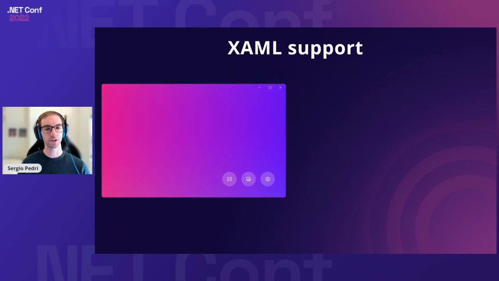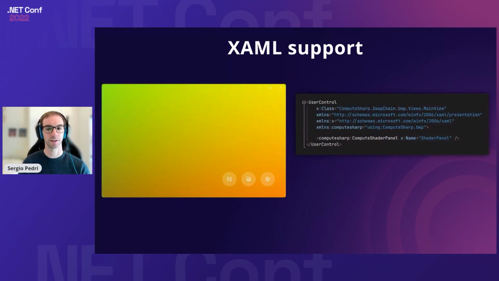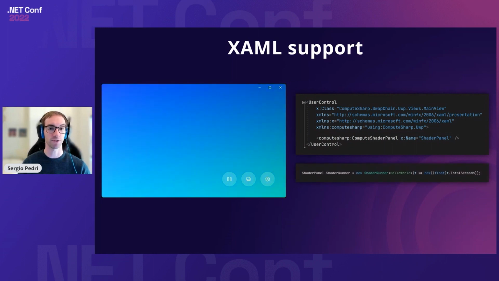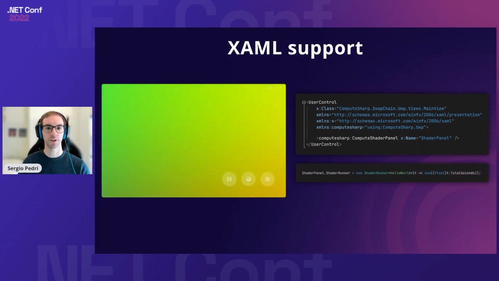And all you need to do to get something like this working is basically two steps. The first is you need to use the compute shader panel XAML control, which you can just place in your XAML page or control. And then you can just assign a shader runner object to this panel. And this object will tell the panel how to render each frame. Now, in this case, since it's a very simple example, we're just telling it to render our shader for each frame.